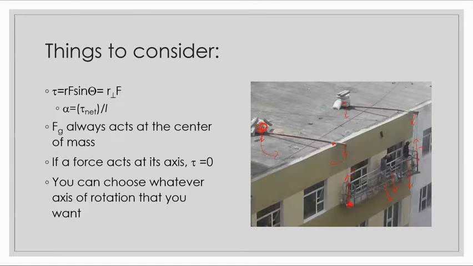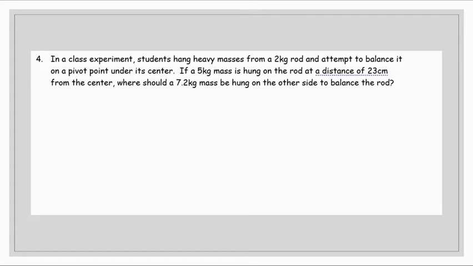So I would choose my axis of rotation here. So then I'm only taking into consideration this torque, that torque, that torque, and that torque. Okay. And we're going to look at different examples, but this is a perfect example of something that is at static equilibrium. So let's just dive into some of these questions.